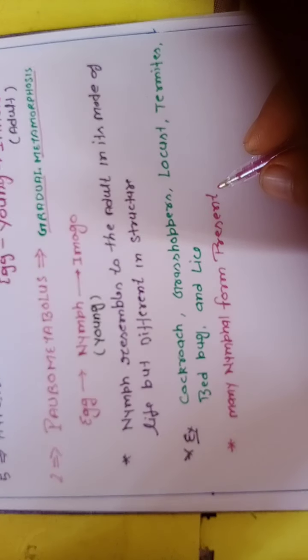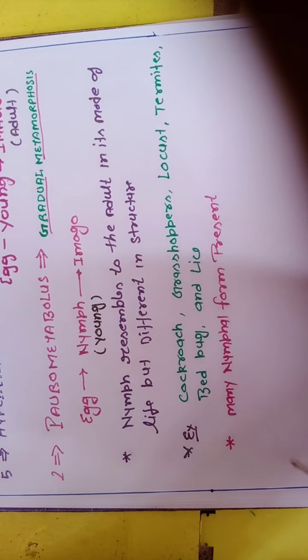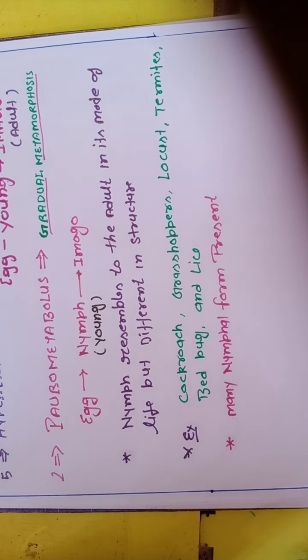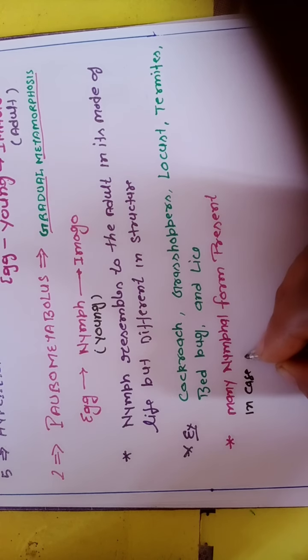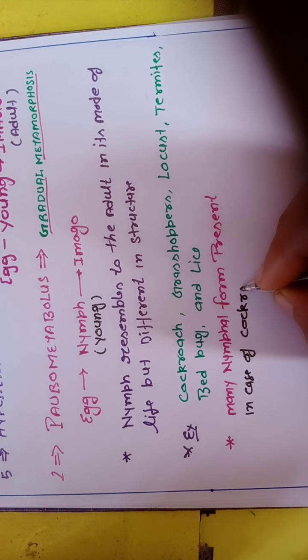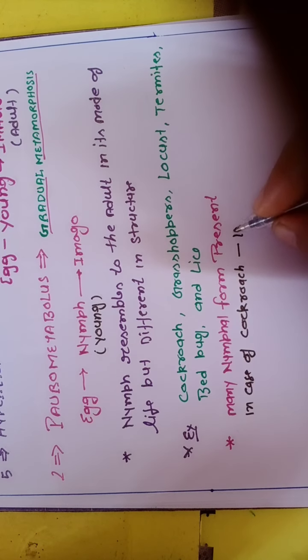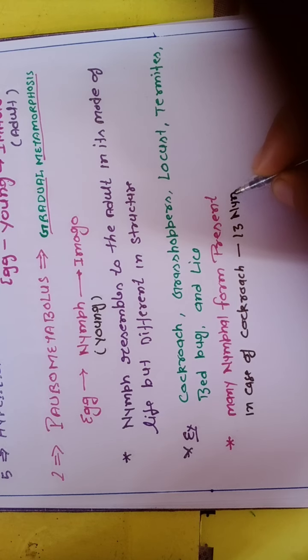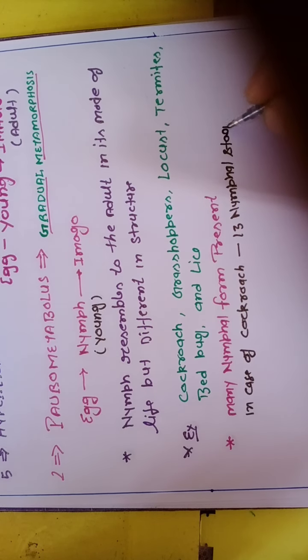As an example, in case of the cockroach, 13 nymphal stages are found.